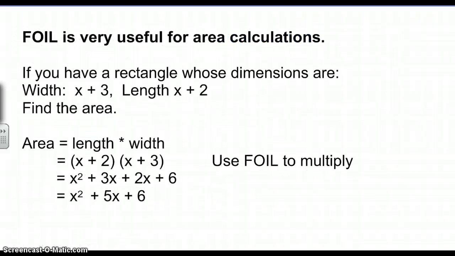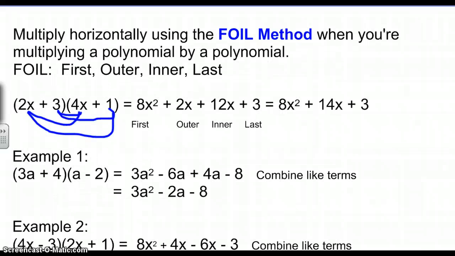If you're going to multiply horizontally, we usually use the FOIL method. The FOIL method stands for first, outer, inner, last. When you take a look at this example, 2x plus 3 times the quantity 4x plus 1, you have to multiply first the 2x times the 4x, and you get 8x squared.